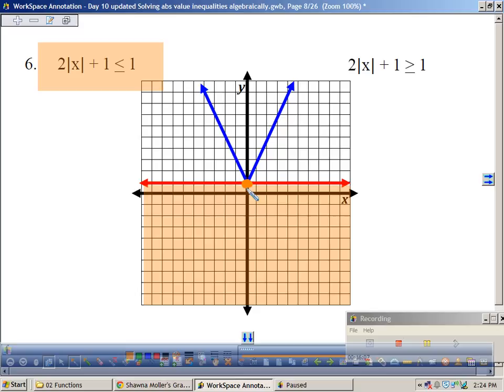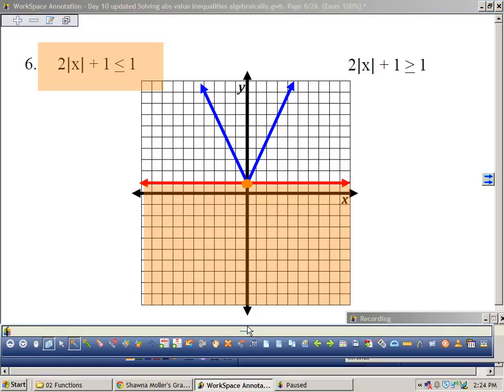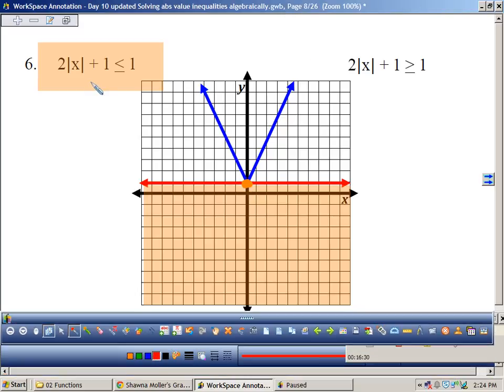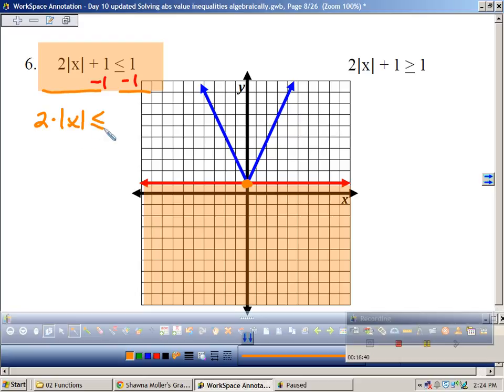Okay? All right, so let's do it algebraically. The first thing I would do is subtract 1 from both sides, and that would give me 2 times the absolute value of x is less than or equal to a 1 minus a 1 is a 0. Then I would divide both sides by 2, and I would get absolute value of x is less than or equal to 0.